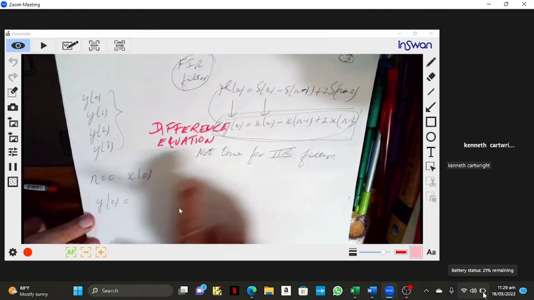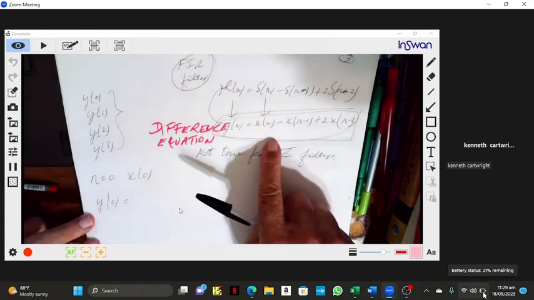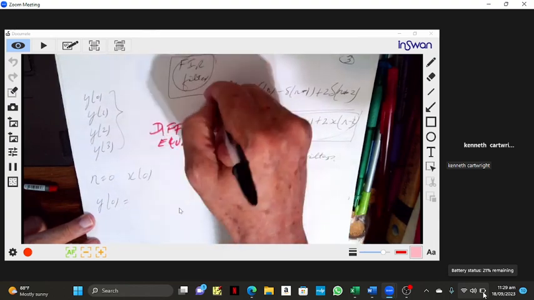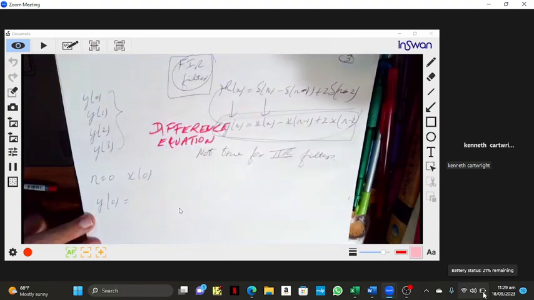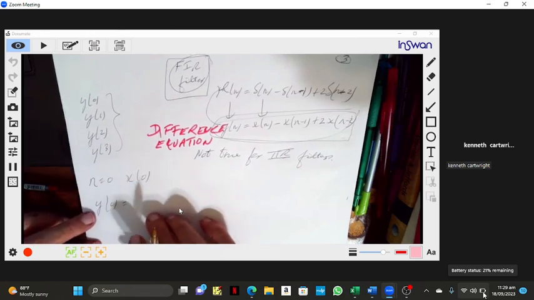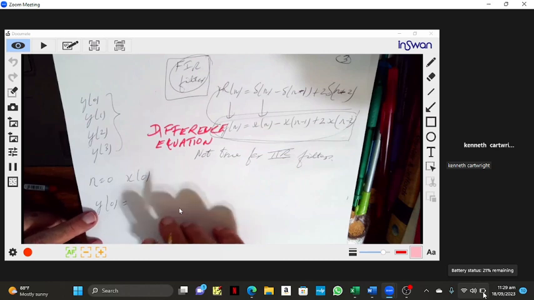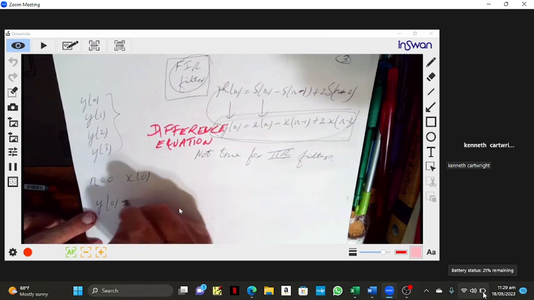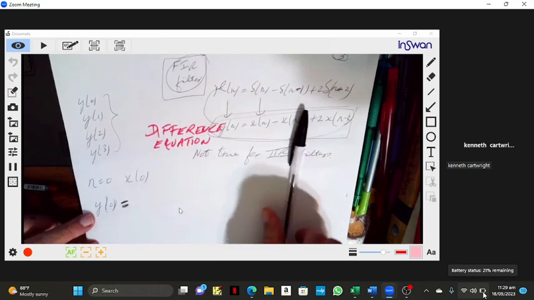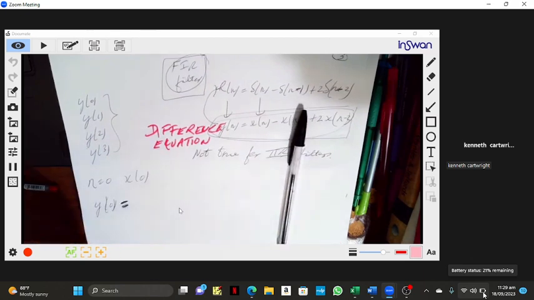The difference equation comes from the impulse response. For what kind of filter? For a FIR filter. All right, now that we have the difference equation, how are we going to find y of 0?